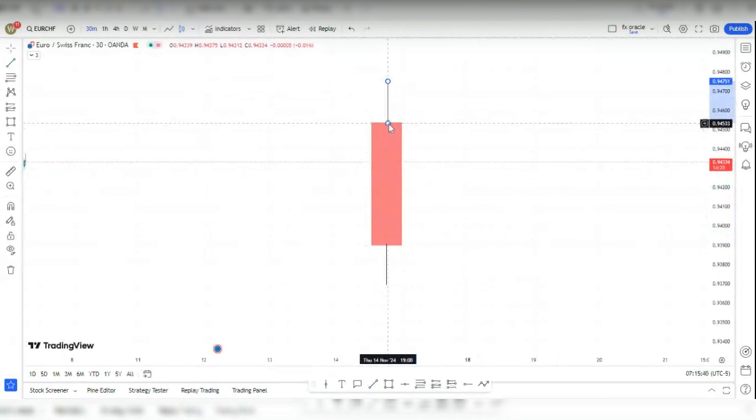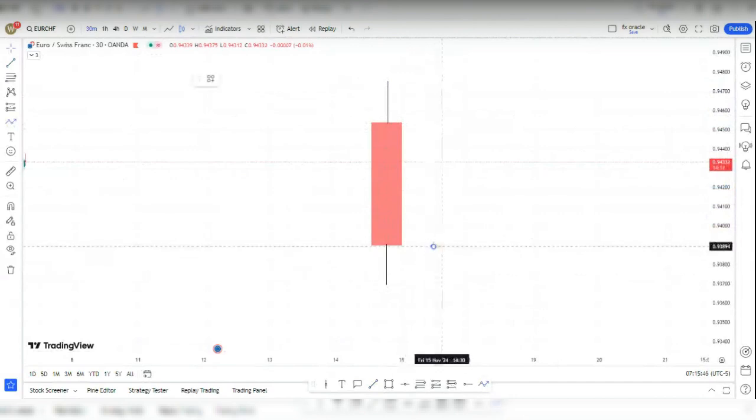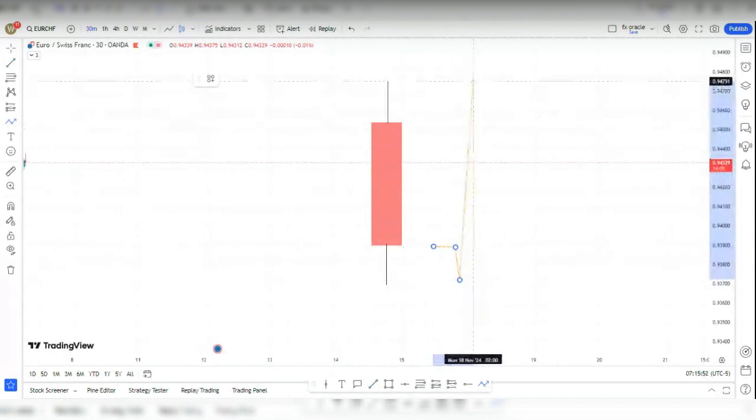Okay, so for a bullish candle, the candle opens here, makes a low, goes up, makes a high, and comes back and closes here.